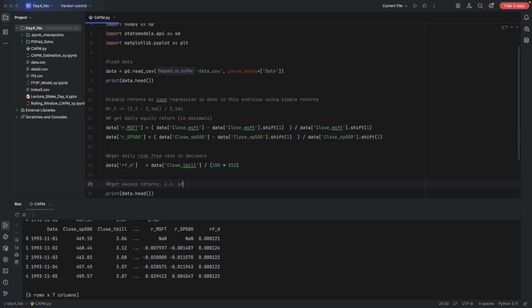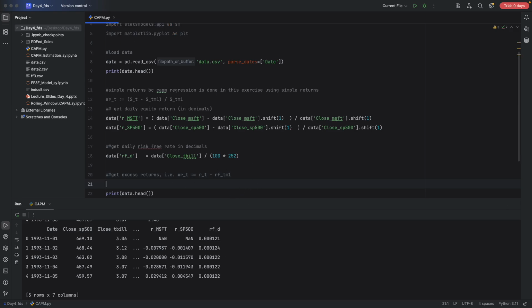Even in research papers they just write XR, but they define it. So I have XR_t, and this will be my R_t minus RF at t minus 1. That's how I will do it. Again, if you look at these different risk-free rates, you see how close they are. They don't change even over the last few days, because these short-term rates are very smooth.